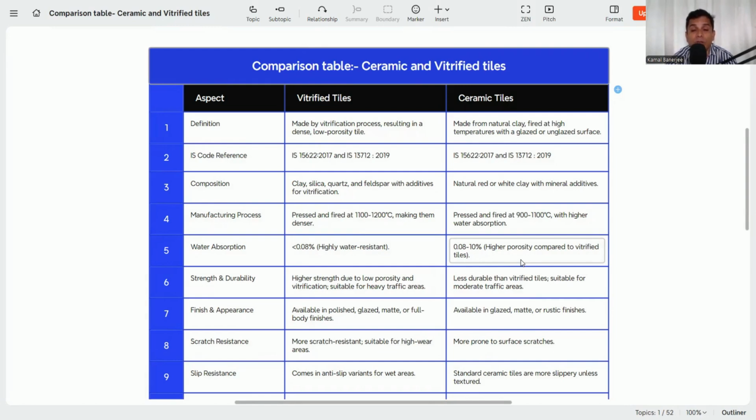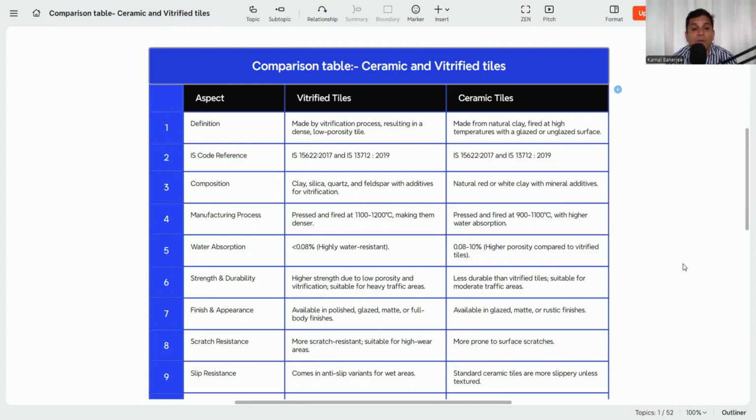If the porosity or water absorption capacity of a tile is less than 0.08%, it will be considered vitrified tile, and above 8 to 10%, sometimes above 10, it is considered ceramic tile. So the criteria is the water absorption. If it is less than 0.08%, it becomes vitrified tile, and if it is more than 0.80%, it becomes ceramic tile.